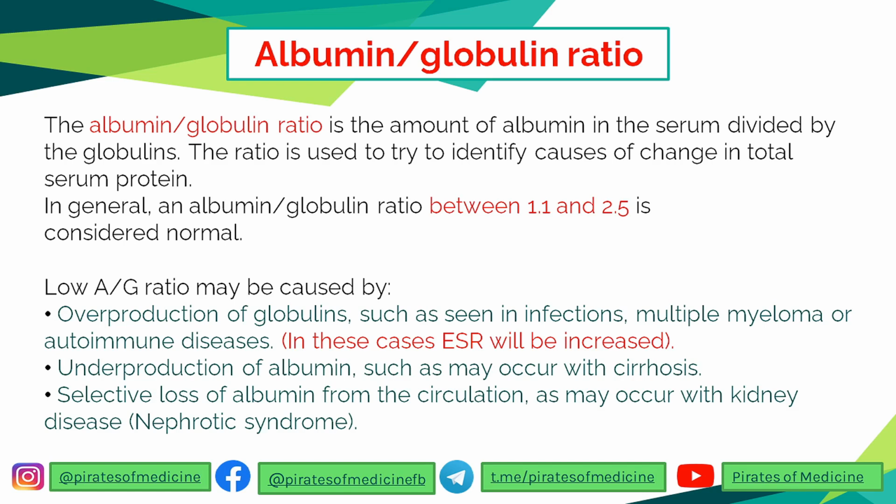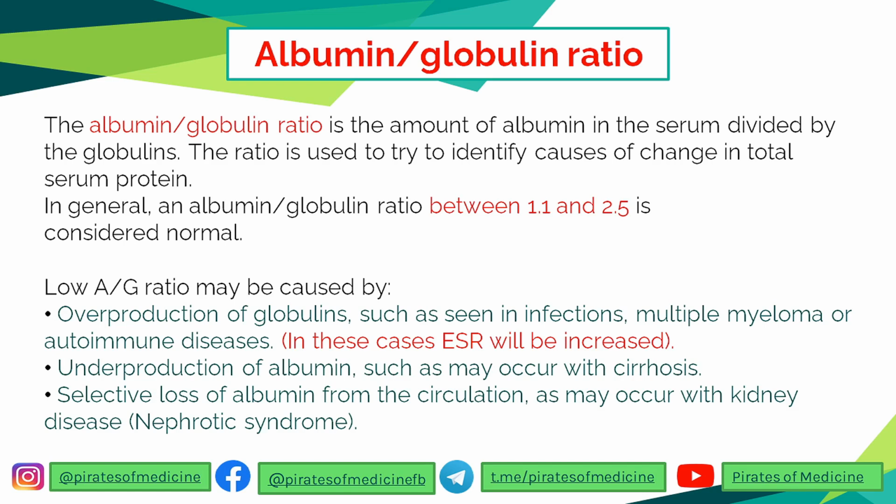Or underproduction of albumin: if the albumin is underproduced, it also will lead to a diminished albumin globulin ratio, because proportionately albumin will be less than globulin, which is seen in liver diseases like liver cirrhosis, hepatitis, correct? Also, if there is a loss of albumin from the circulation, which occurs in kidney diseases like nephrotic syndrome, again the albumin to globulin ratio will be diminished.